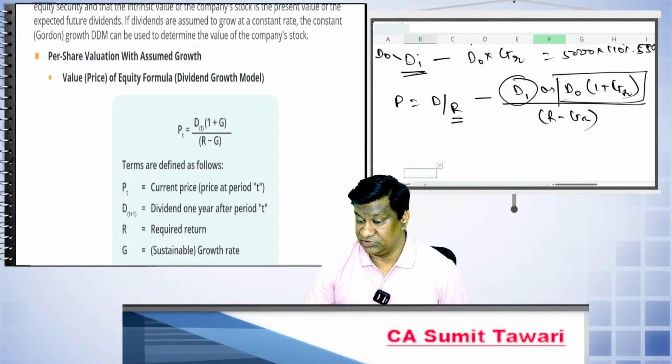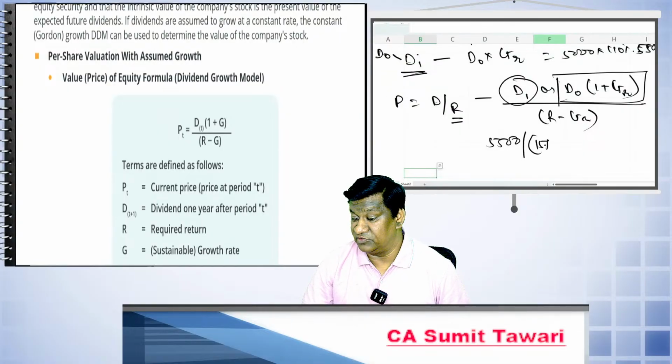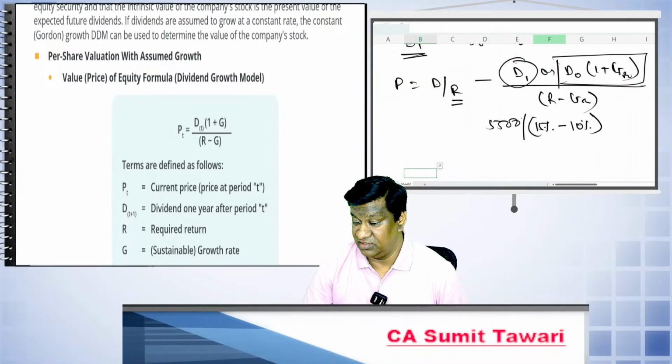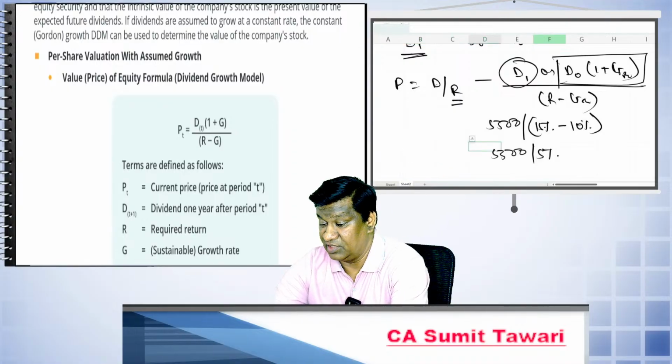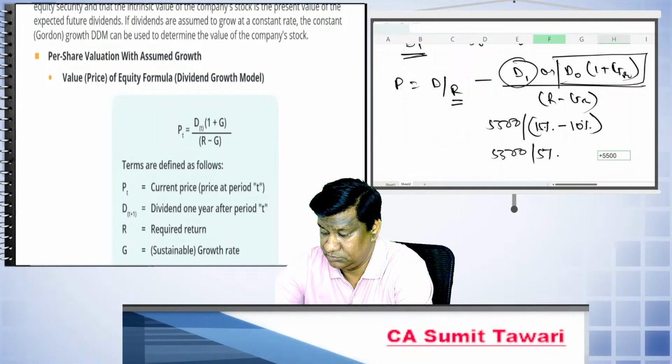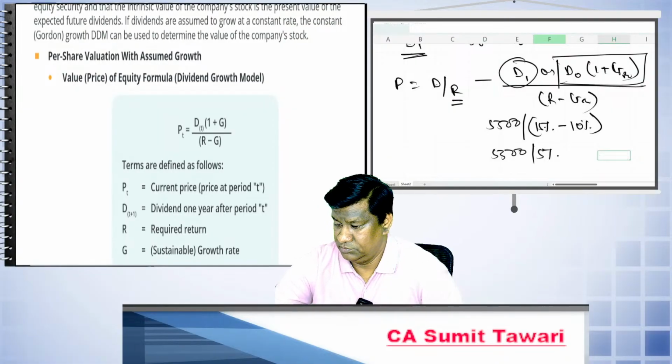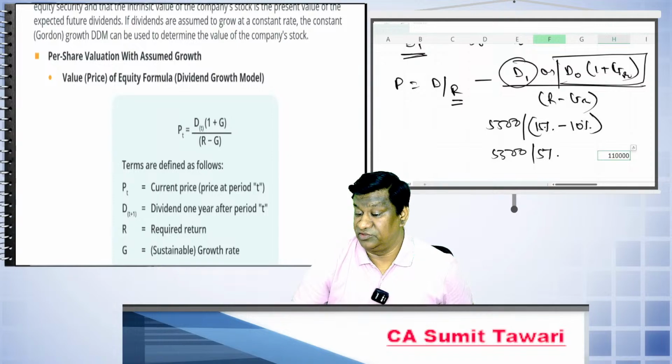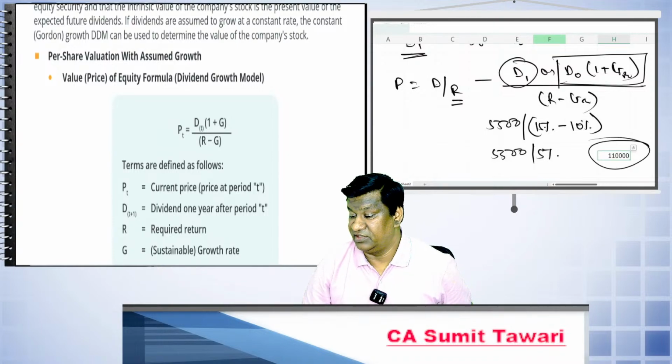So 5,500 divided by 15%, my expected rate of return, minus 10% growth rate. How much can I get? 5,500 divided by 5% is 1,10,000. The value of the share is 1,10,000.